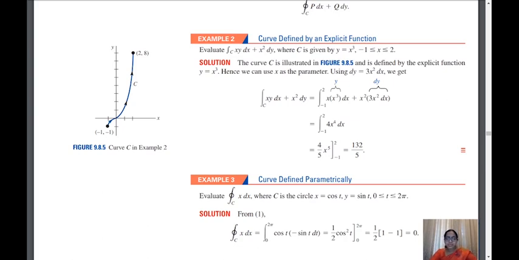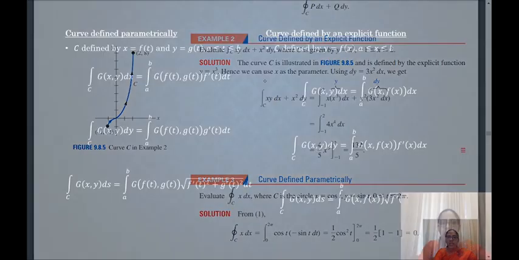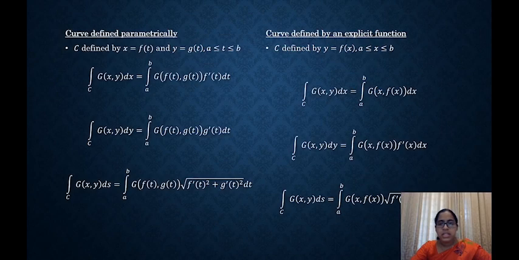So this is how we can solve the various examples, or we can solve the problems by the formulas that we had discussed just now. Let us remember these formulas once again; I'm just recalling them. You can see them in the slide.